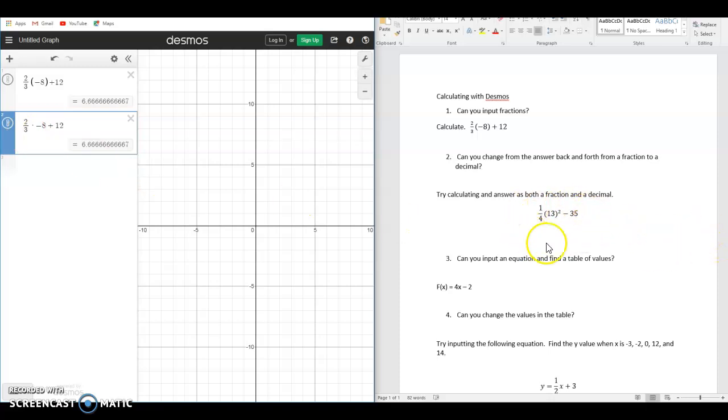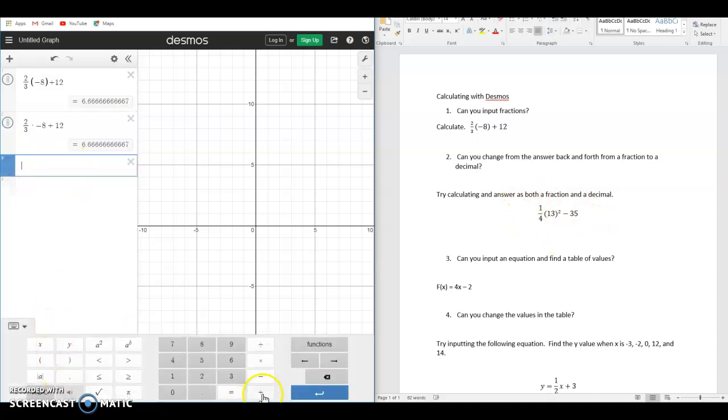Okay, I want you to try calculating this next problem. Notice it's got an exponent, so you're probably going to want to use this keyboard key again. You can use the a squared, or if you have an exponent greater than 2, you can use a to the b power and type in whatever exponent you want. So take a minute, pause, see if you can do it, and then check your answer.